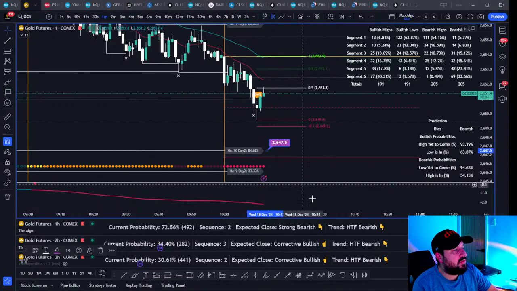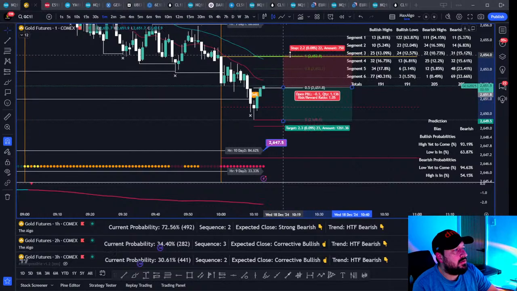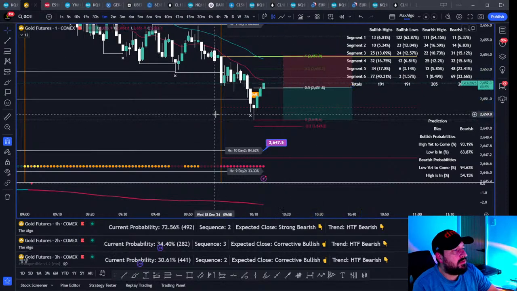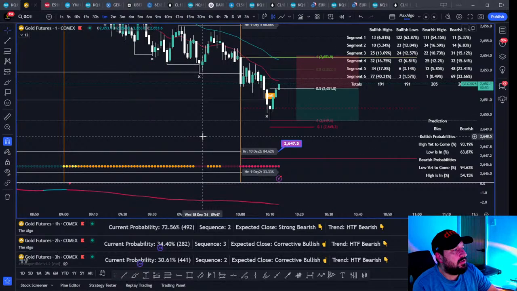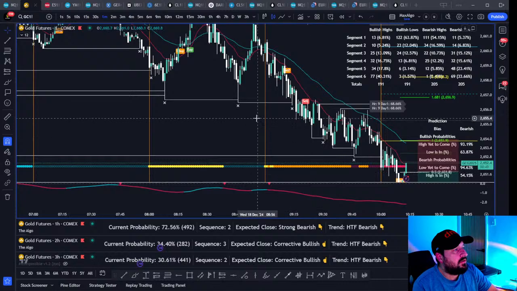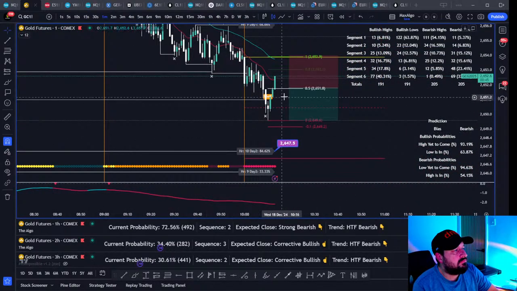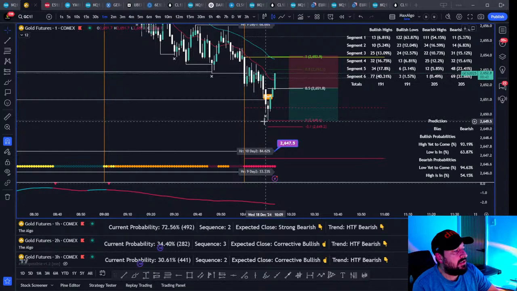So we don't have to take profit of the liquidity. Our 1R is literally just stop here, targeting the low, right? That's it. It's nothing else. We have come a long way down. And I am early.